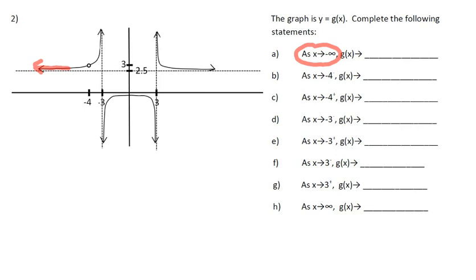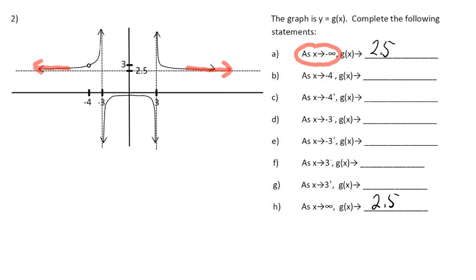All right. So now let's look at question B and C. When I look at question B and C, I'm concerned with what's going on either side of -4. And what kind of discontinuity do we have at -4? A hole or a vertical asymptote? A hole.